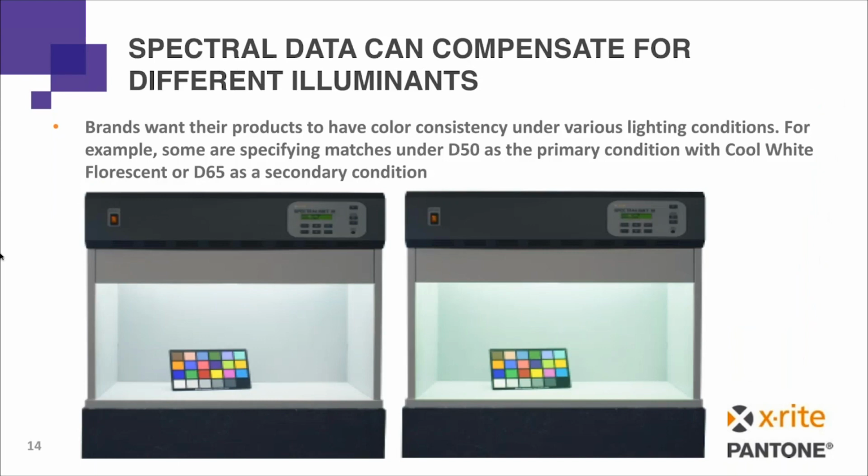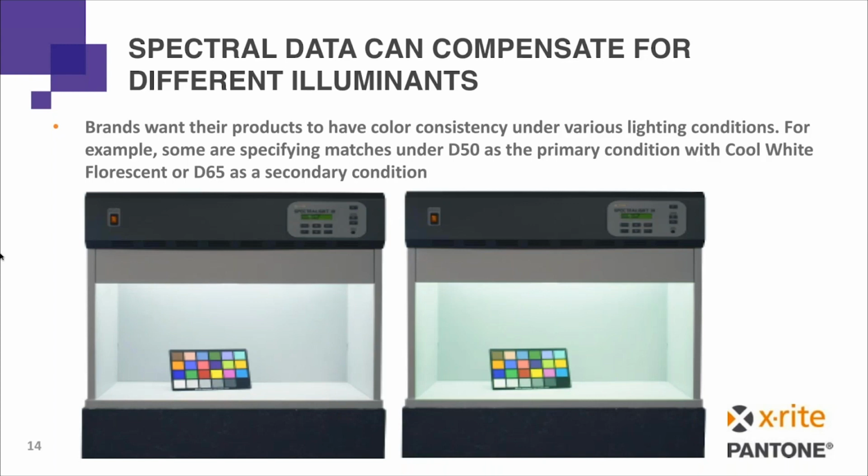In addition to that, as we mentioned earlier about the different illuminant conditions, the brands all want their colors to match under D50 because that's a daylight condition, an industry standard. But in some cases, they also want it to match under another condition like the cool white fluorescent store lighting, so that it also looks good in the store.